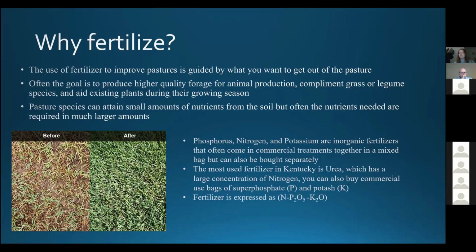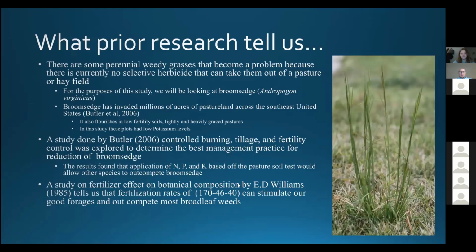So with nitrogen, we have urea, and then there is superphosphate and potash. And then I'll come back to how fertilizer is expressed, but basically you'll see it is pounds of nitrogen, pounds per acre of phosphorus, and then pounds per acre of potassium.